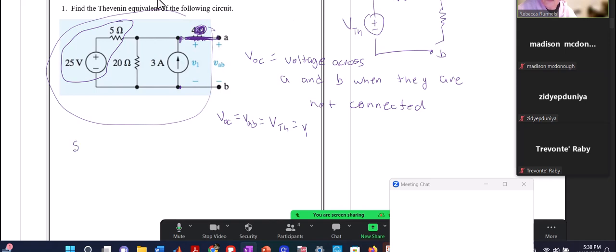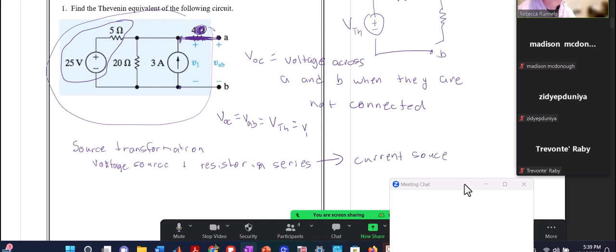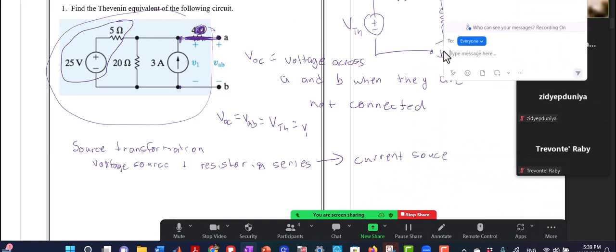So source transformation: I can take a voltage source plus resistor in series, and transform it to a current source and resistor in parallel.